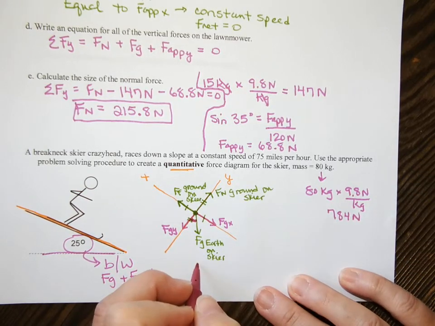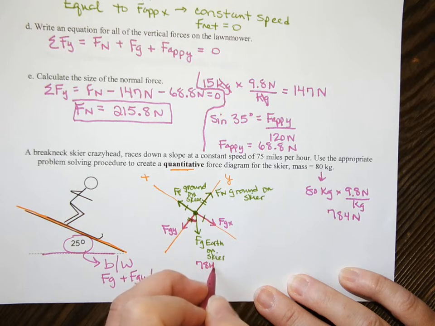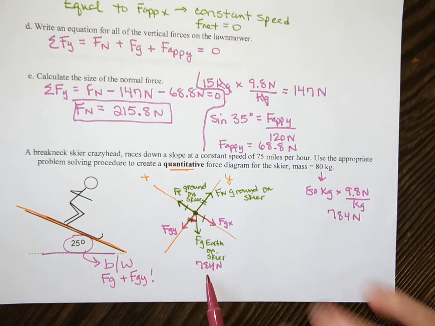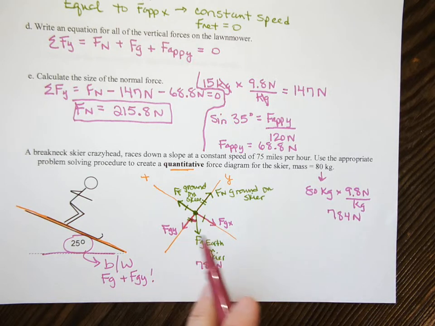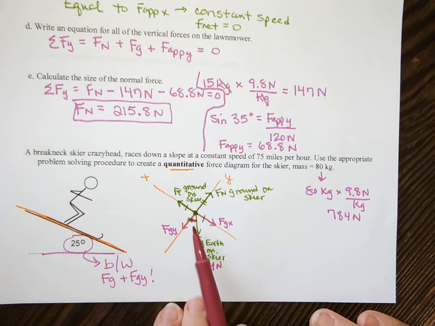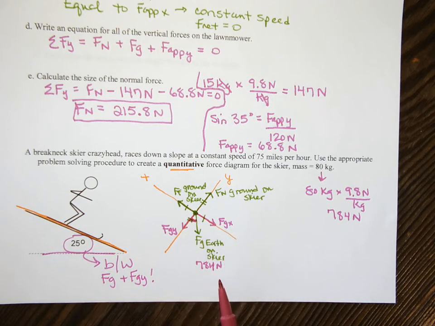Okay, so that's my FG. This force is not positive or negative because it's in between the axes of the graph, so I'm just going to list it as the numerical value, not positive or negative. I do have this angle, and so I can do some trig to find FGY and FGX.